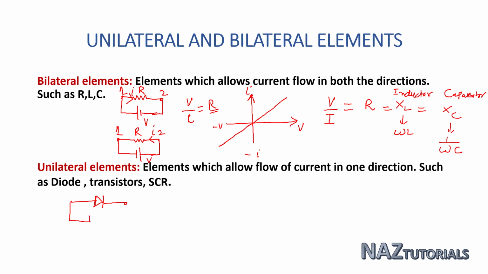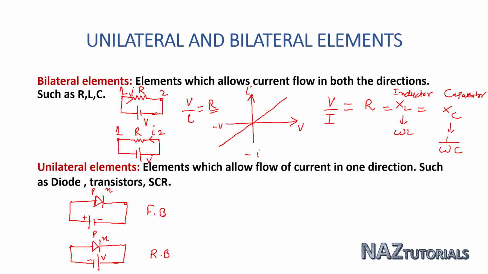If you connect this diode to a battery, this is the positive terminal, this is the negative terminal, this is P, this is N. And if you connect the PN junction diode with reverse polarity of the battery, this is P, this is N, this is negative, this is positive. You know, this is the forward bias condition and this is the reverse bias condition.